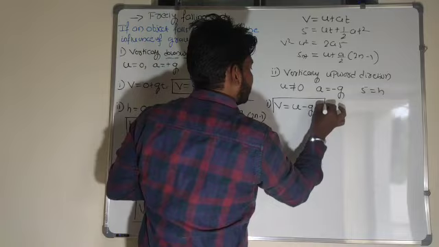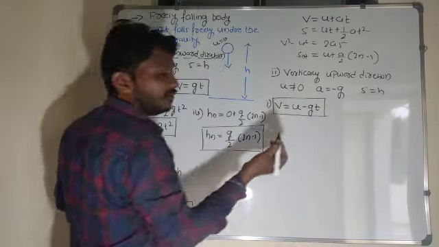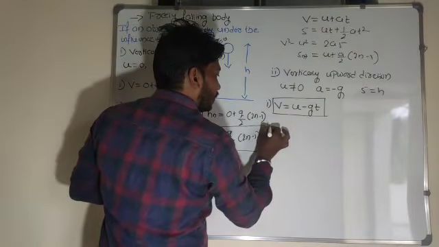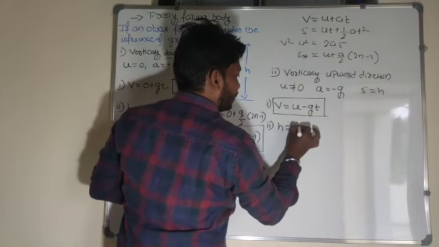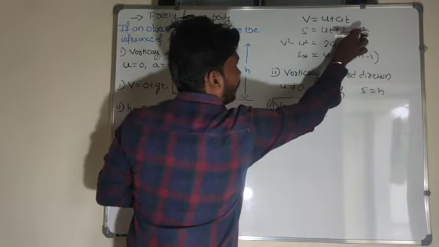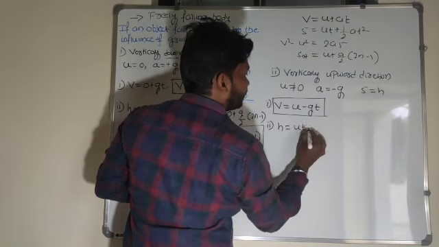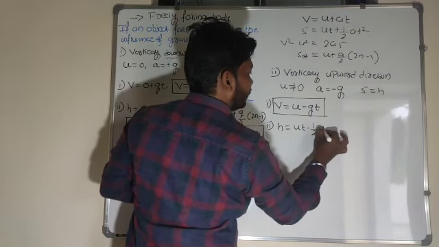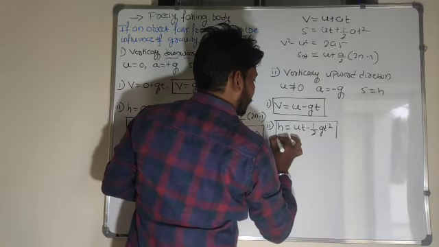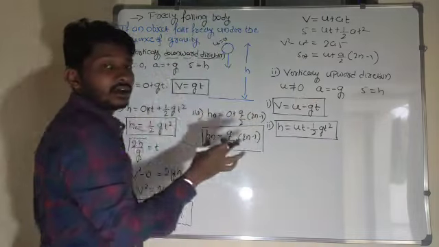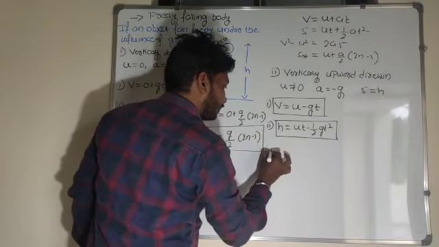First equation, v is equal to u minus g into t. And second equation, s means h here, u into t plus half of a, so minus half of g into t square. So these are all the kinematic equations for the vertically upward direction body.